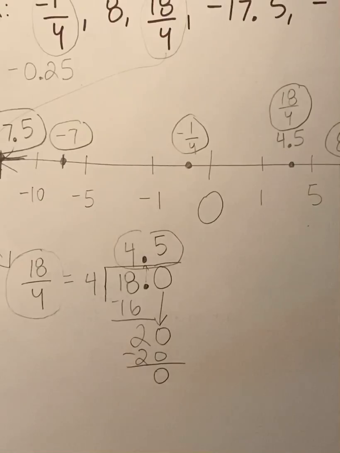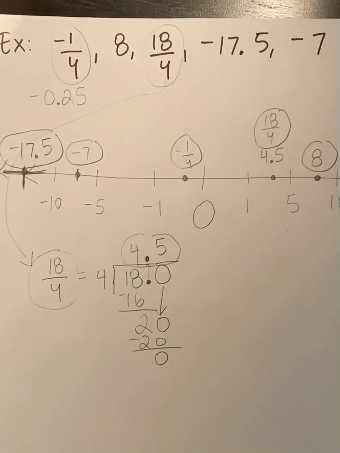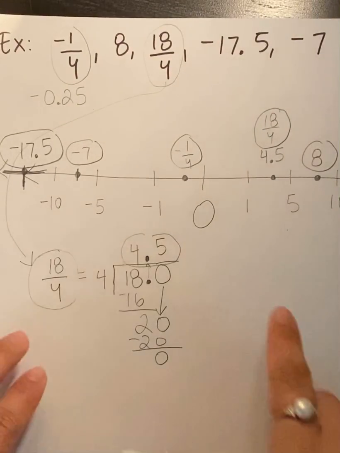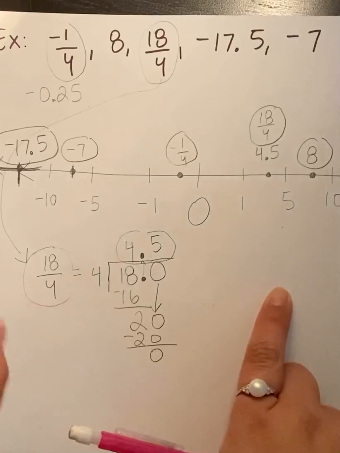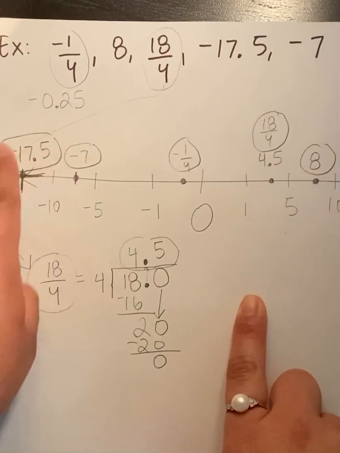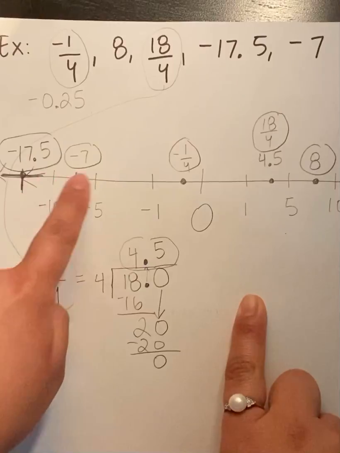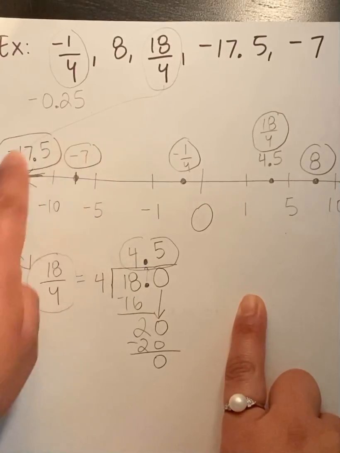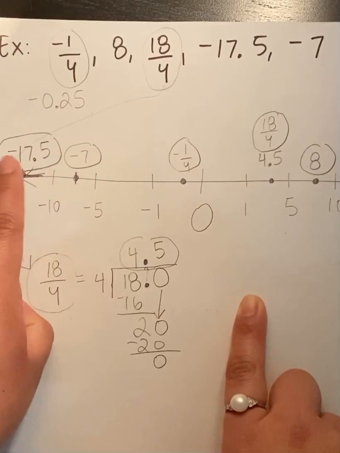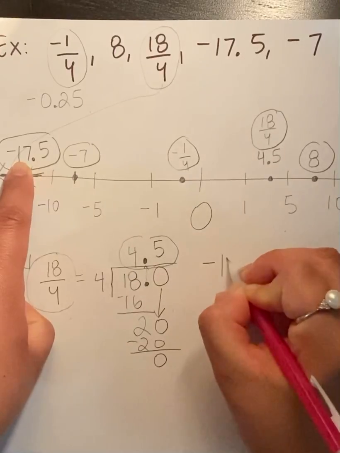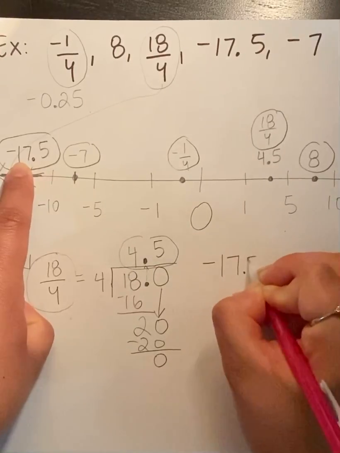Okay, now I am ready to make my list. And I can make my list in this space over here, starting with the negatives, because these are the numbers with the least value. So the first number I have is -17 decimal 5.